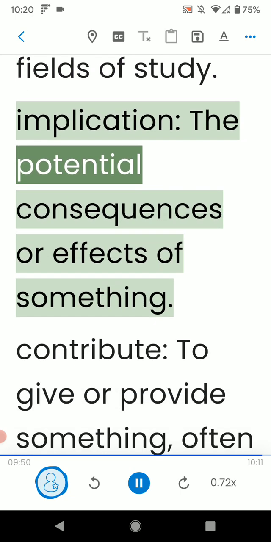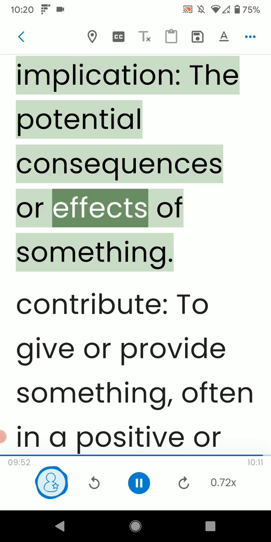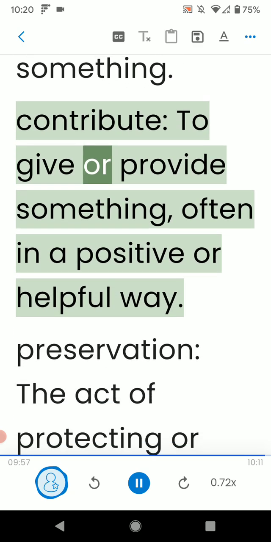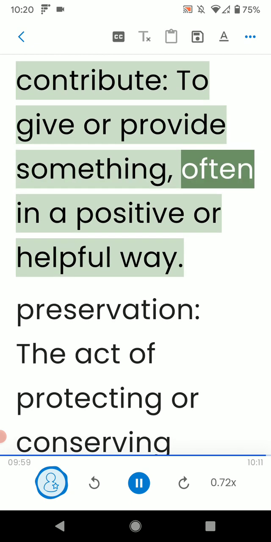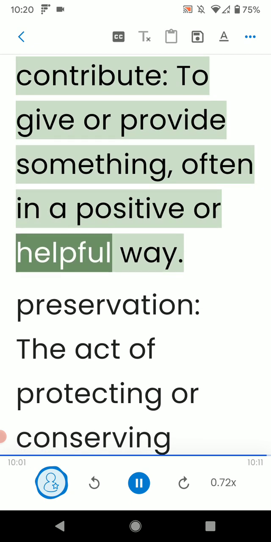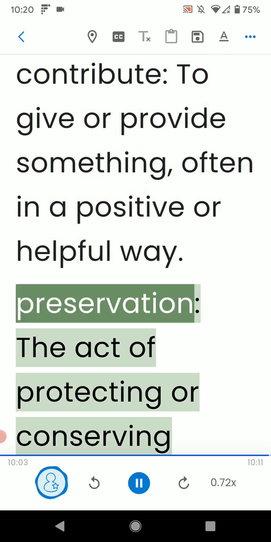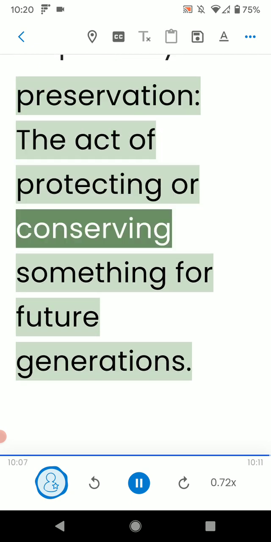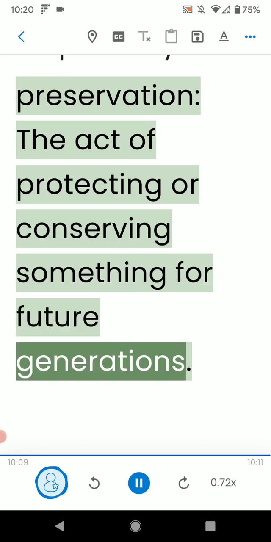Implication: the potential consequences or effects of something. Contribute: to give or provide something, often in a positive or helpful way. Preservation: the act of protecting or conserving something for future generations.